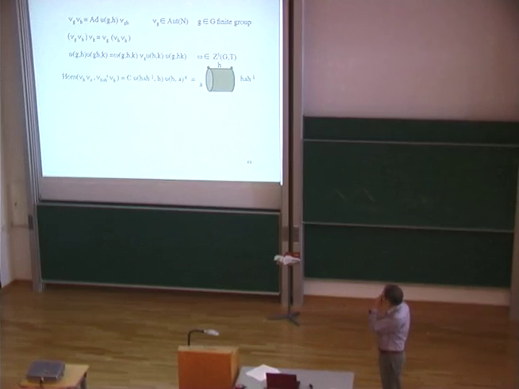This means that an intertwiner space between nu_GH and nu_G times nu_H and nu_GH is one-dimensional. It's a line bundle.